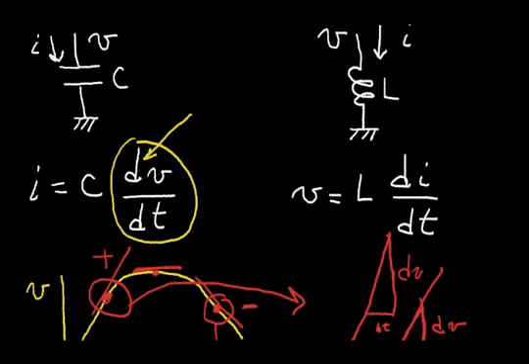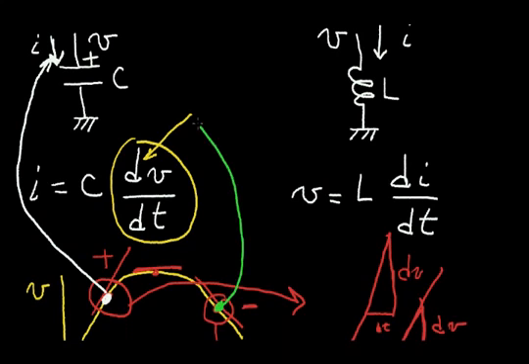If you have a positive slope, for example, at this point, that corresponds to current flowing into the plus terminal of the capacitor. If I have a negative slope, for example, this point, the current is flowing the other way in the capacitor.